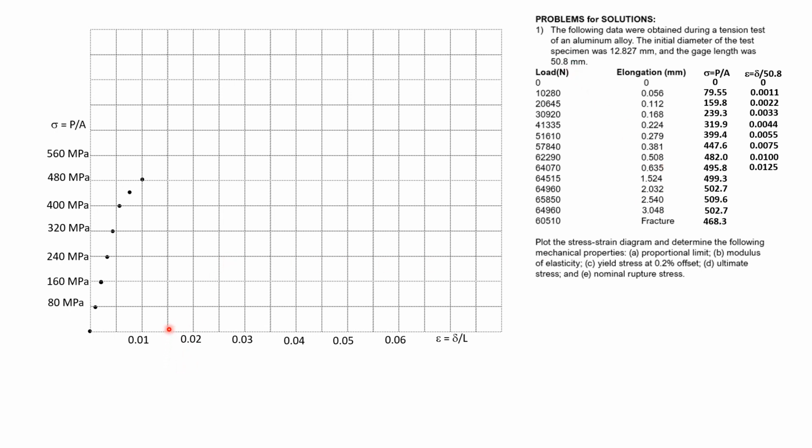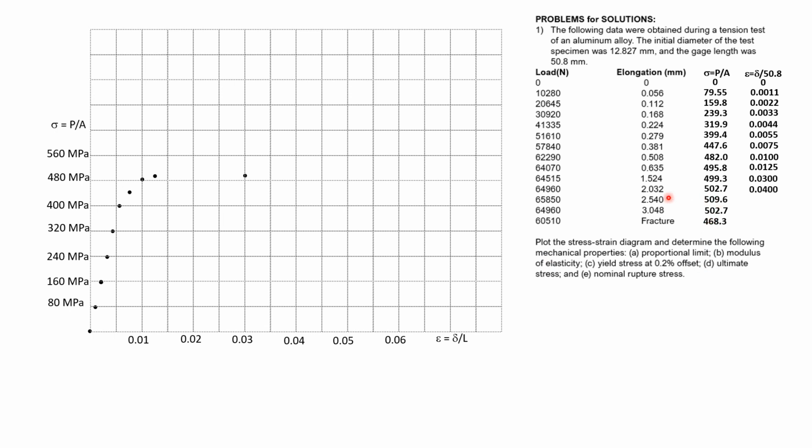Because this is 0.015, 0.0125 would be between these two vertical lines. And the stress is 495.8, so it's somewhere there. 1.524 divided by 50.8 is 0.03, so it is exactly on this line here. And the stress is 499, so it's slightly above 480.